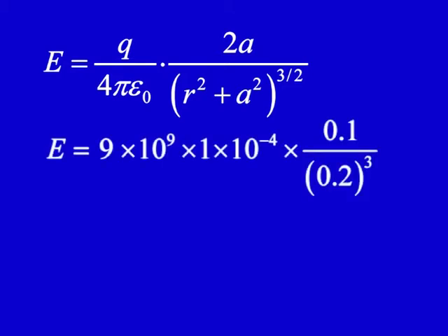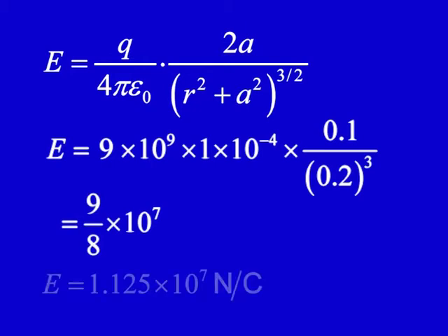Substituting the values, we get E is equal to 9 into 10 raised to the power 9 into 1 into 10 raised to the power minus 4 into 0.1 upon cube of 0.2, that is 9 by 8 into 10 raised to the power 7. This would give E equal to 1.125 into 10 raised to the power 7 Newton per coulomb.